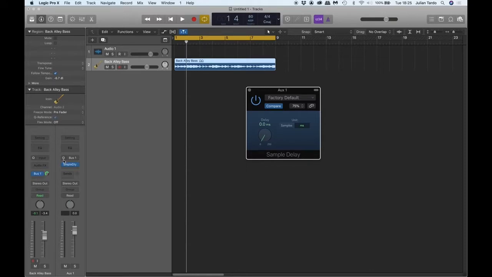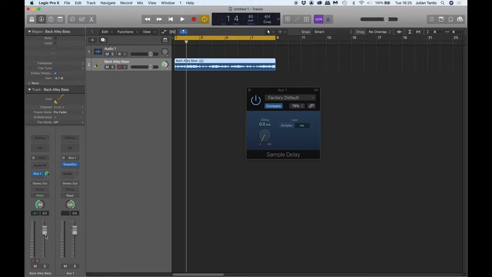And here's the thing. You're going to have to pan this delay differently to the dry signal. So the dry signal gets sent out through the left, and the sample delay is going to get sent out through the right. And initially, I just want to demonstrate to you what this Haas effect is.